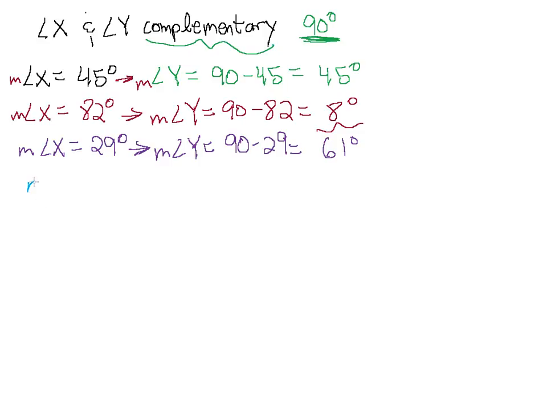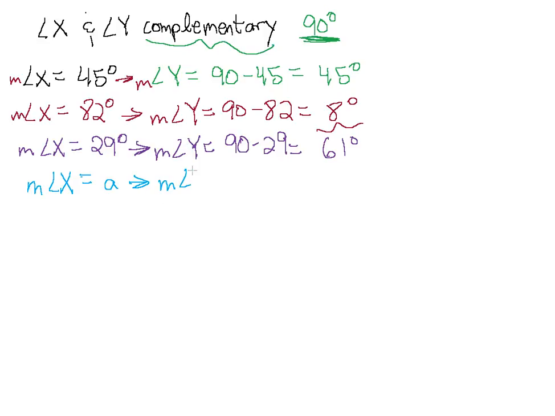Let's say the measure of angle X equals A. All right, here we're not given a value, but we can still find some representation for angle Y. We're given angle X as an expression, so we can give angle Y as an expression.